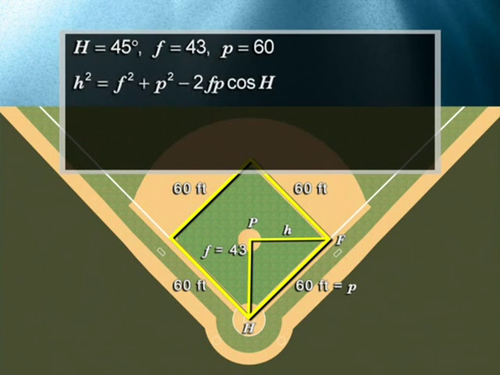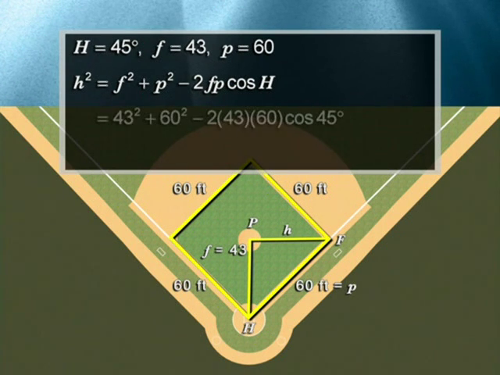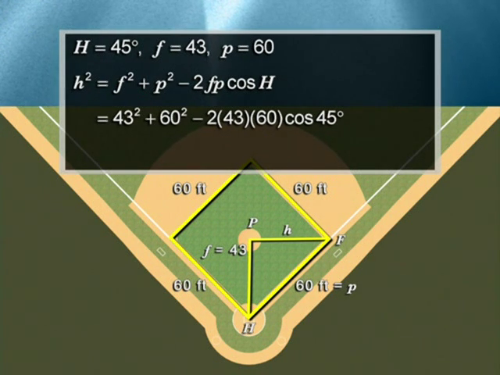Here we go. H squared, that's what we're trying to find, is f squared plus p squared minus 2fp cosine h. So it's 43 squared because f is the distance from the home plate to the pitcher's mound, plus 60 squared, that's the distance from home plate to first base, minus 2 times 43 times 60, times cosine of the included angle, and that angle was 45 degrees.